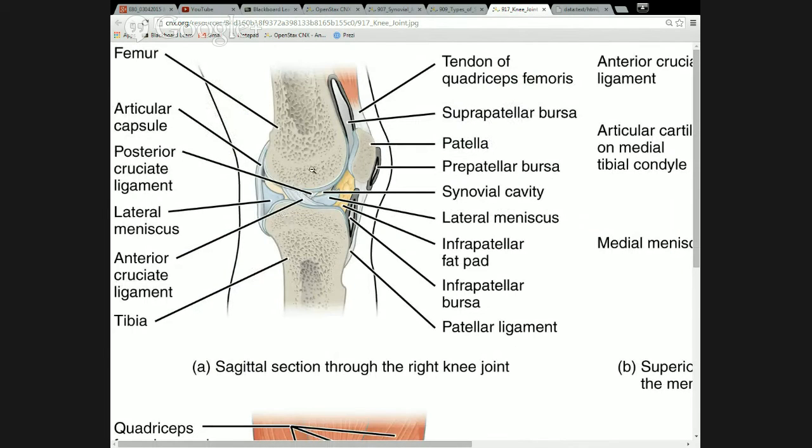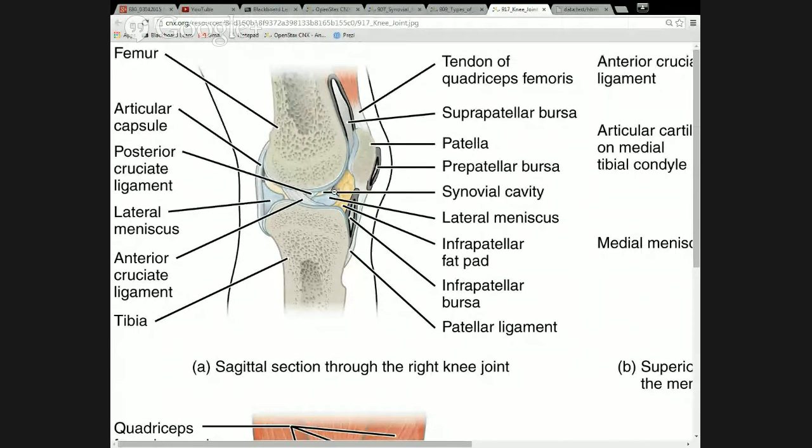This is a sagittal section through the joint, so we're looking at it kind of from a lateral view, but only half of the joint. It points out some of the synovial cavity and some other structures in here. One thing about the knee, which is kind of unusual for a synovial joint, is it does not have a continuous synovial cavity. Okay?